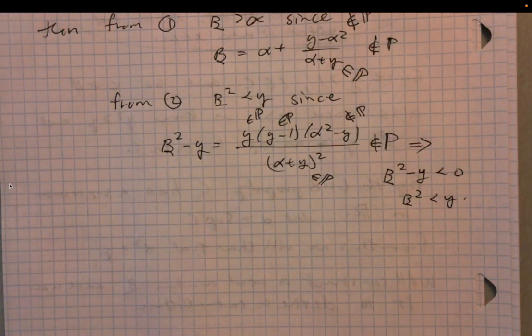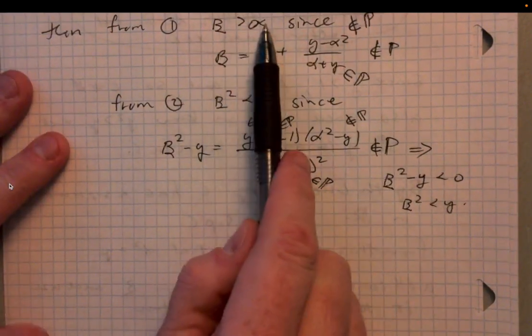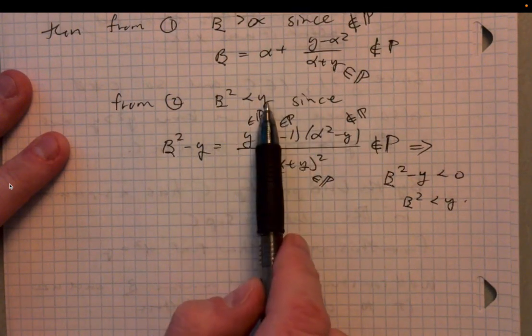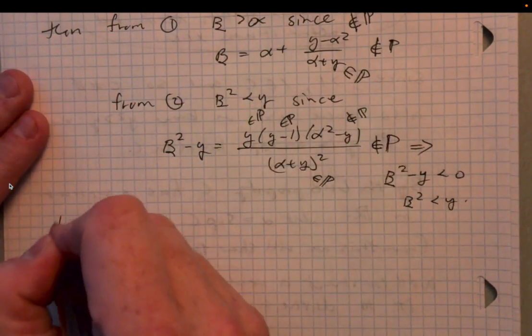Okay, so I've got beta is greater than alpha, and I've also got beta squared is less than y. This produces a contradiction.